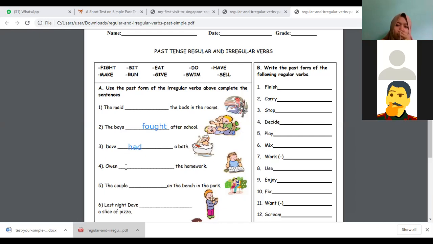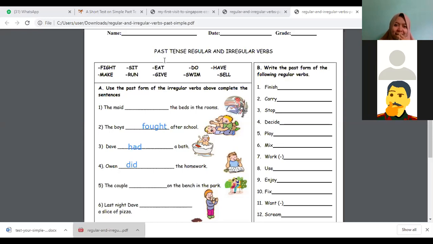Satria, number 4. Owen did the homework. Yeah, Owen did the homework. The couple, blah blah blah, on the bench in the park. Ngapain ini mereka ya? Nggak boleh berpikiran negative thinking.